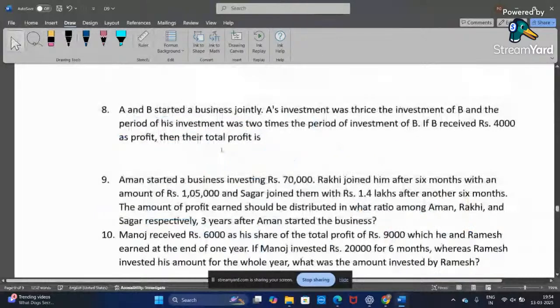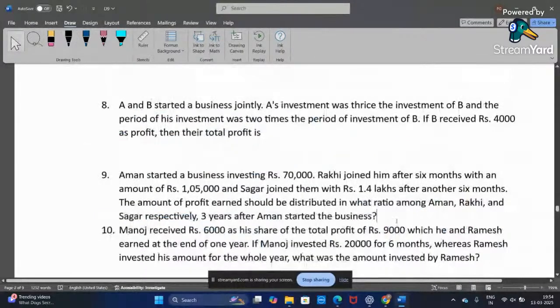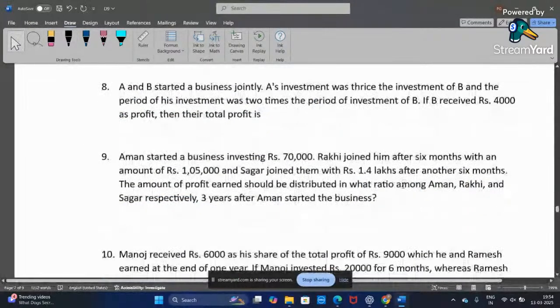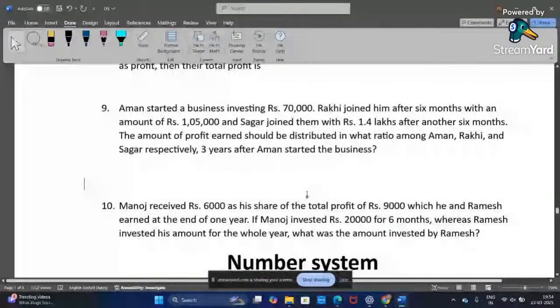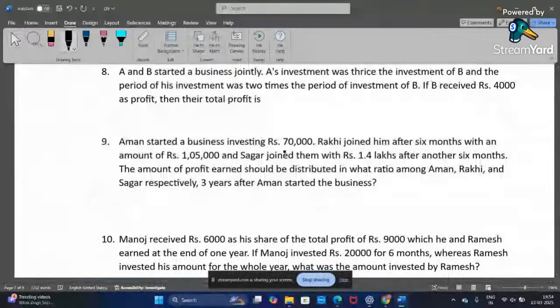And for this, take a photo of this and find the answer for all three. For the eighth one, the answer should be, when we started the joint business, here we have to find the total profit. The total profit should be 28,000.